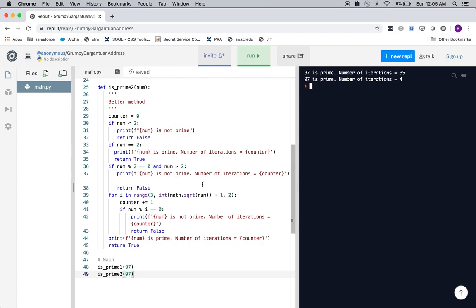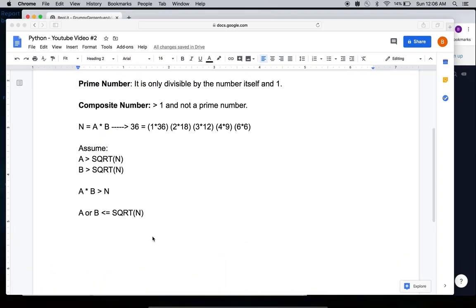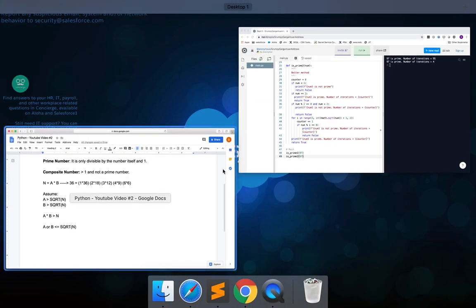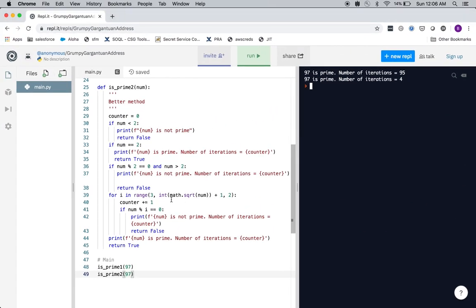That's because of this sort of rule of thumb, this formula that we proved, that we just took a look at. So we know that one of these numbers is going to be less than or equal to the square root. So we might as well just check only till the square root of the number, right?